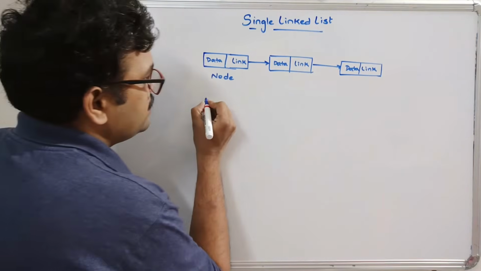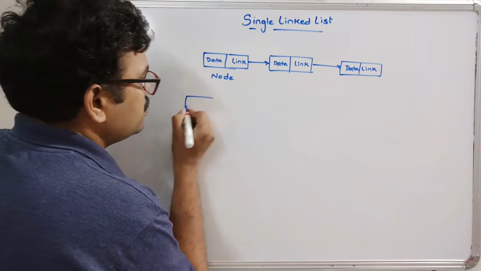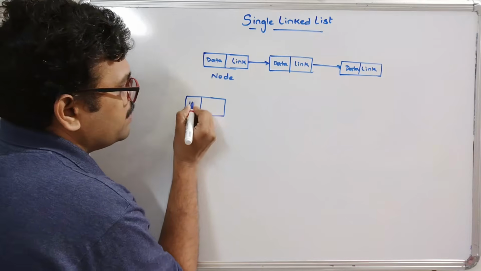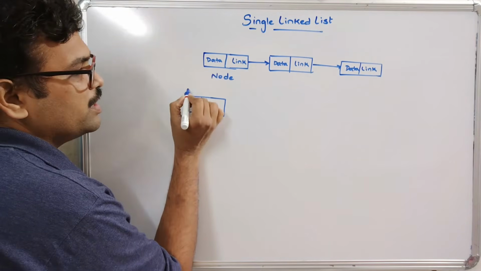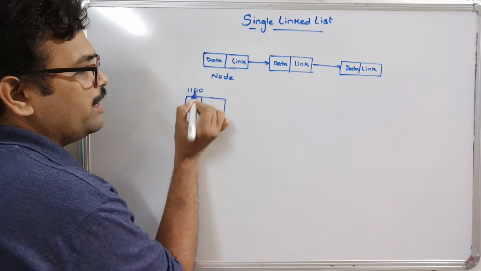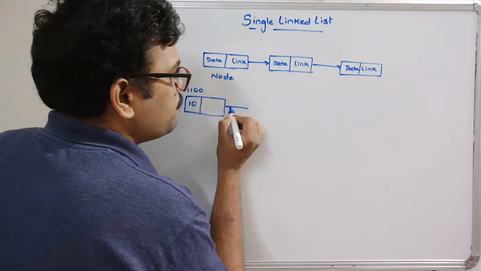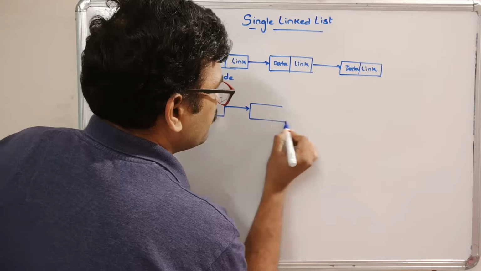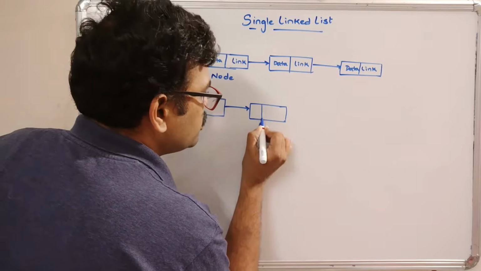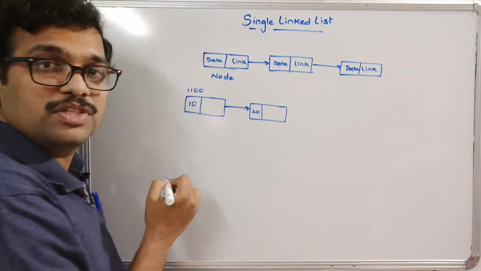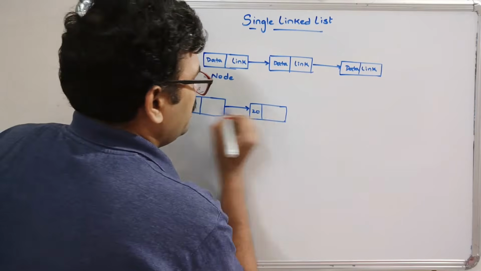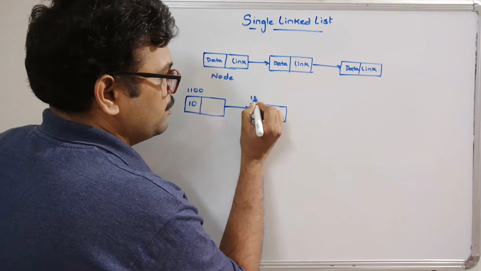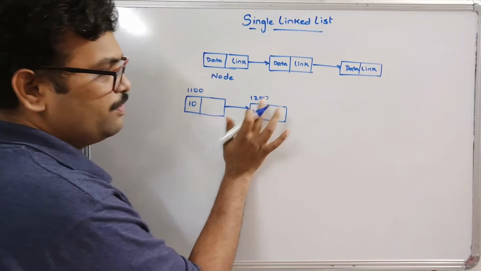And for an example, we'll take some nodes. Let it be 10, and the address of this one is some 1100, and it is pointing towards the second node, which has data 20, and let its address be 1200, and this address will be stored here.